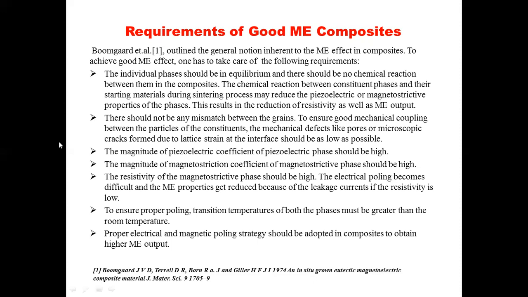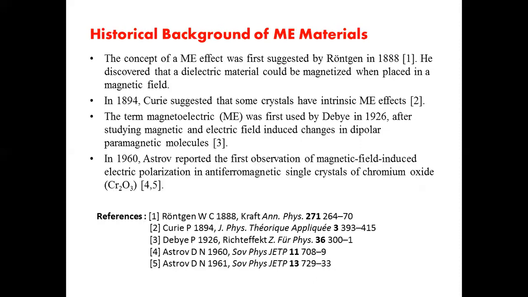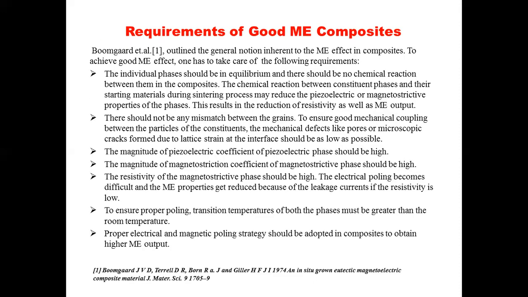And next, the second point is that there should not be any mismatch between the grains. This is very important, but it is very difficult to achieve also, because when we make the composites, these two phases are prepared separately. That means the ferromagnetic material is prepared separately, and the ferroelectric material is prepared separately at different conditions and at different sintering temperatures.